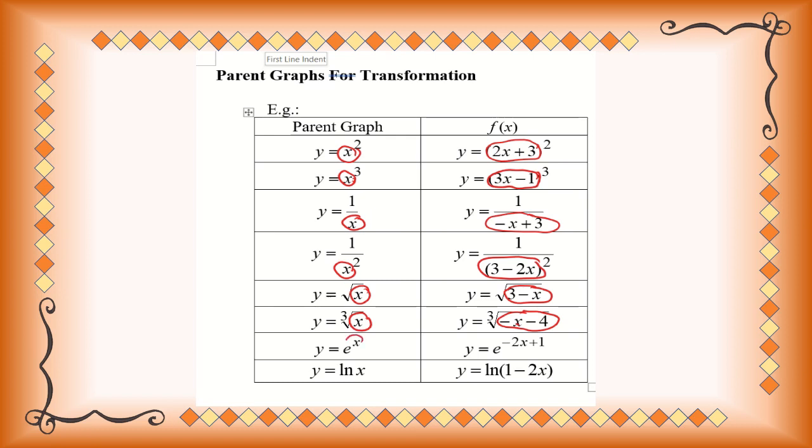So we can see that the position of x is now transformed to negative 2x plus 1. Then y equals ln x is the parent graph for y equals ln (1 minus 2x), because the original x is now transformed to 1 minus 2x.